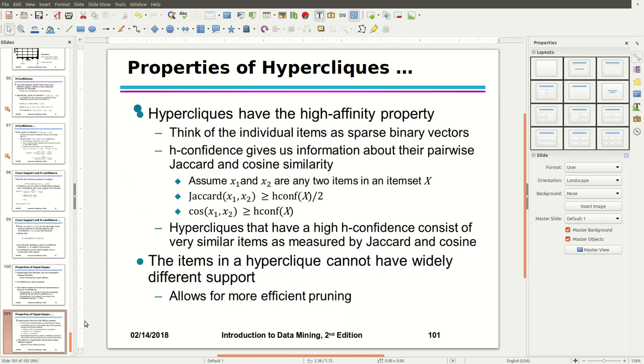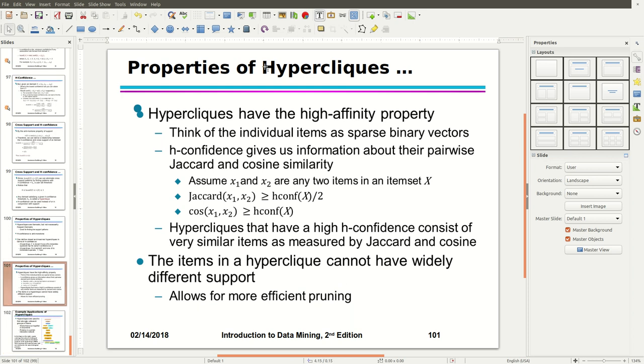So what is it used for? Hypercliques have the high affinity property, meaning that you think of individual items as sparse binary vectors. Edge confidence gives us information about their pairwise Jaccard and cosine similarity. So you can actually look at the relationship between Jaccard and edge confidence.